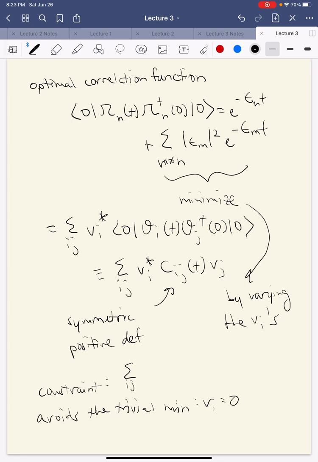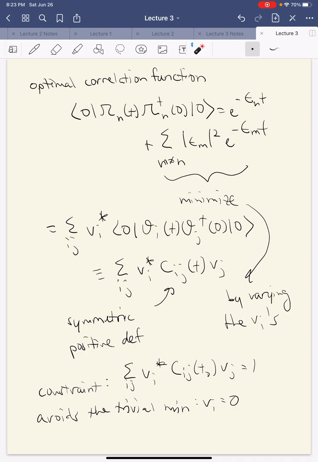So we can define a normalization that at some time t naught, the v's are normalized in this way. And therefore, we can't get v equals 0 as a solution.